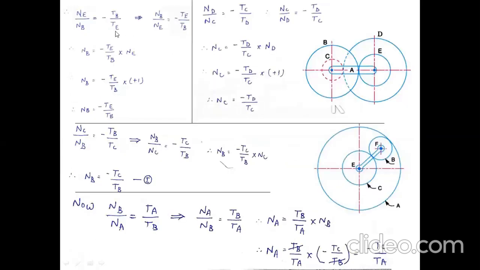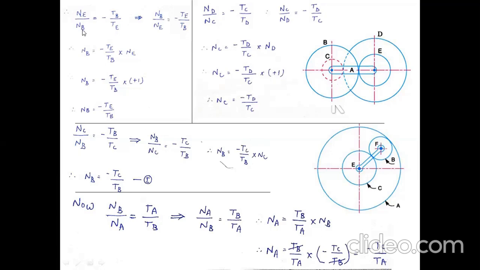See here, I have the standard formula for speed ratio: NE upon NB. NE meshes with B, so speed of driver divided by speed of driven. NE upon NB is equal to, as these two form an external pair, if this rotates in anti-clockwise direction, the other rotates in clockwise direction, and the sign of B will be minus.